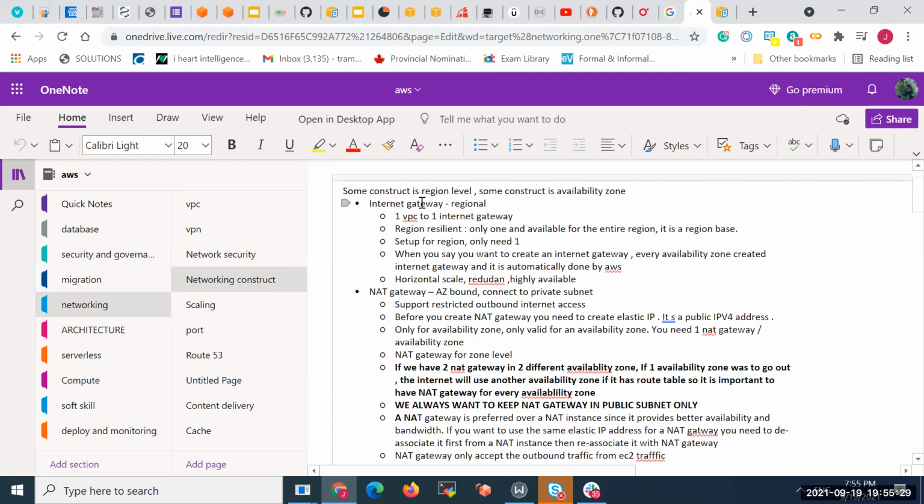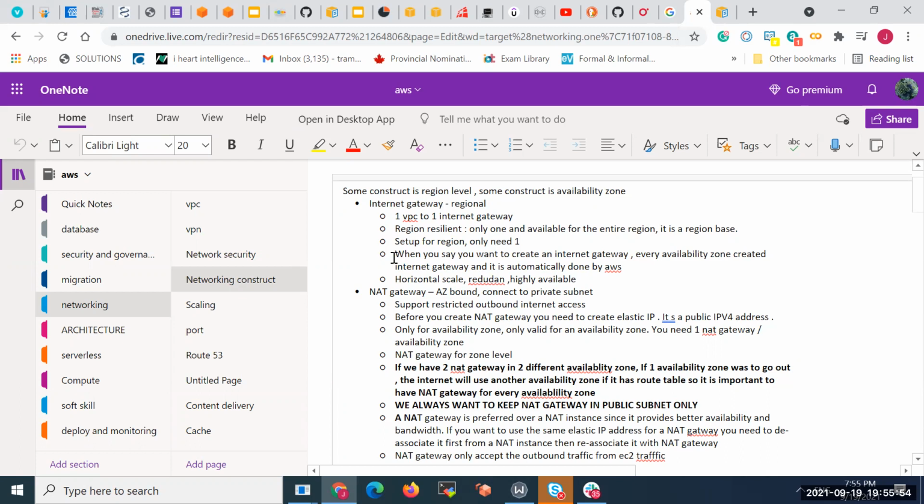Internet gateway is regional, so one VPC has one internet gateway. Remember, before we discussed that there is a soft limit of 5 VPCs per account, and in each of these VPCs you will have one internet gateway.